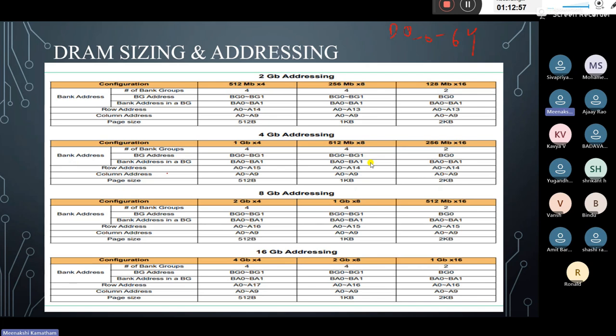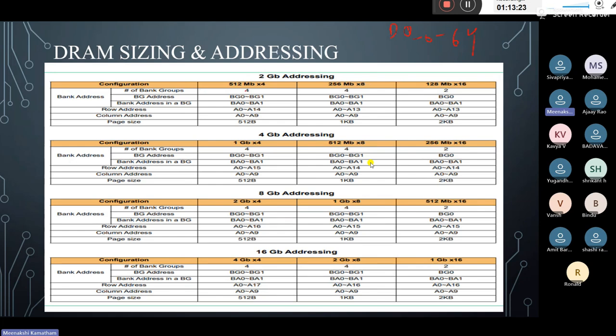So for that we are using this page size. See here, we are having 512 megabits and using x4, x8, and x16 configurations. Our DRAM size is 2 GB, but the configuration x4 is different, x8 is different, x16 is different.